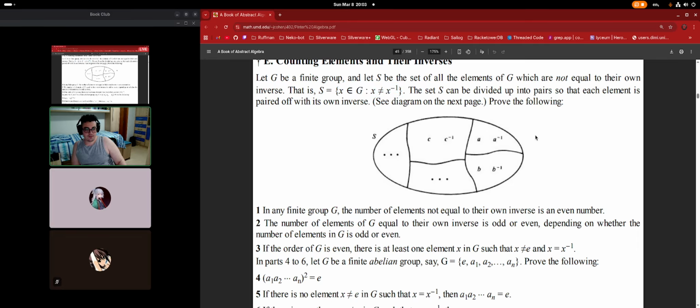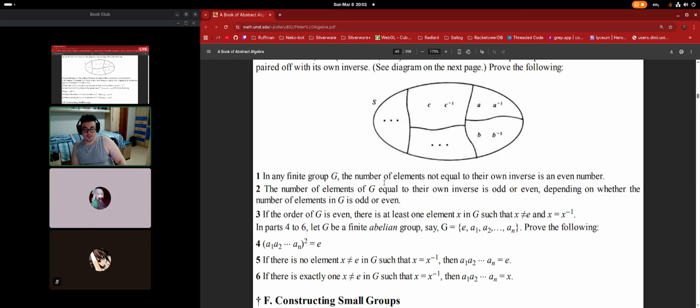The set S can be divided up into pairs so that each element is paired off with its own inverse. Like you are grouping them together by C and its inverse. And why do you know this is possible? Because by the definition of group, every element has an inverse contained in that group, and because S is only the ones that are not themselves, there is always a pair.